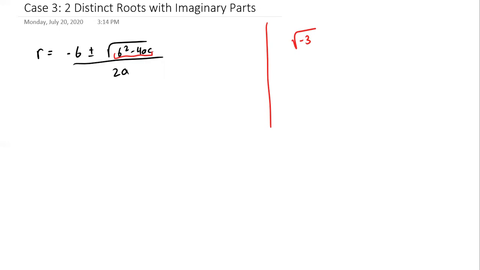What you do instead is that you use the property that i squared equals negative 1. So what are we doing here? We're introducing a new variable, which we're calling i, with the property that i squared equals negative 1. Now you have to be a little bit careful.